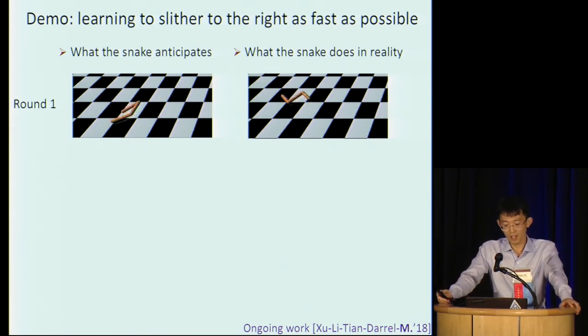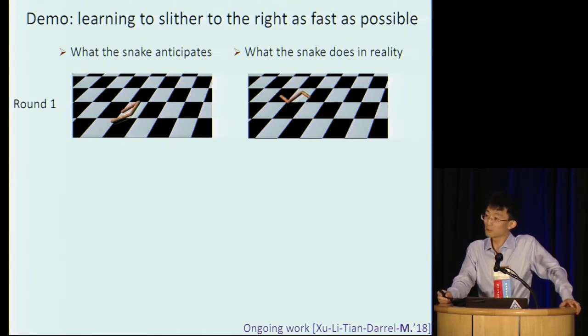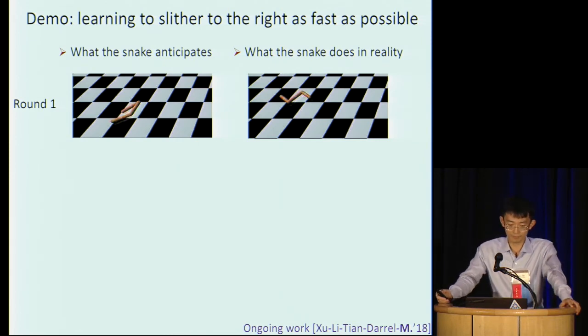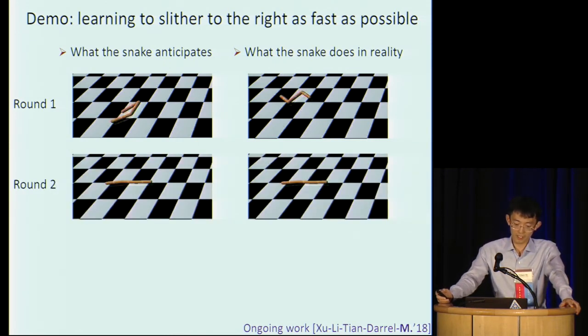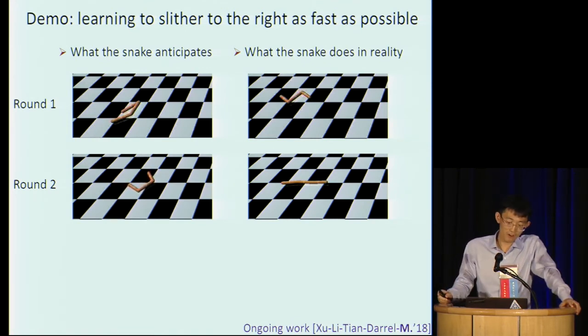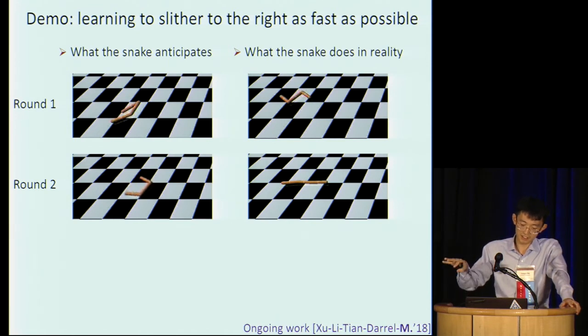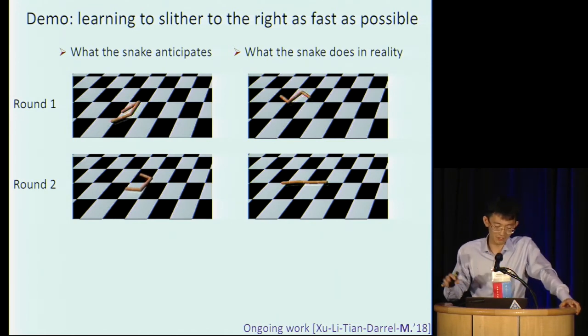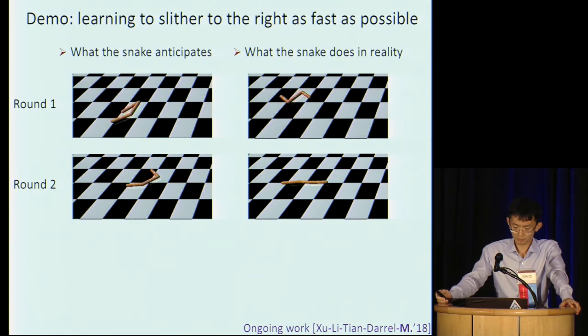Then the snake takes all of these observations into consideration and improves its strategy and its anticipation of the future. In the next round, you can see the snake anticipates much better. You can see that it understands that it can move forward a little bit, but at the end, that anticipation is a bit off. It struggles a little bit.